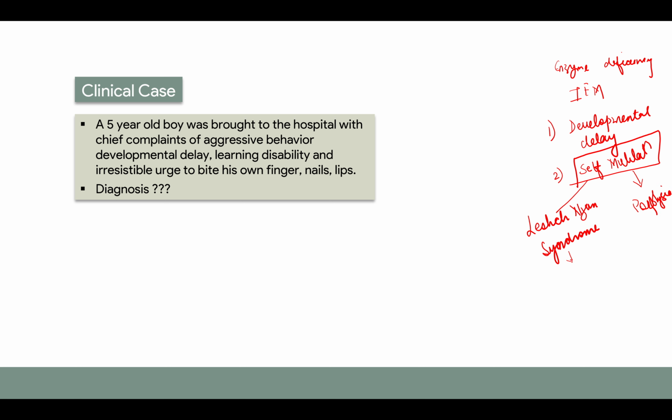The differentiating feature would be the CNS abnormality in the case of Lesch-Nyhan syndrome, while in porphyria we get the characteristic feature of photosensitivity, on the basis of which we'll be able to differentiate. Also in Lesch-Nyhan syndrome there will be an increase in uric acid. Remember that the diagnosis of a clinical case is to be made on the basis of these characteristic features whenever asked.